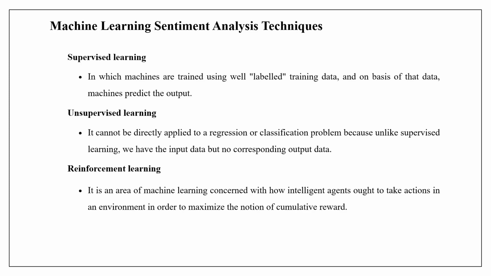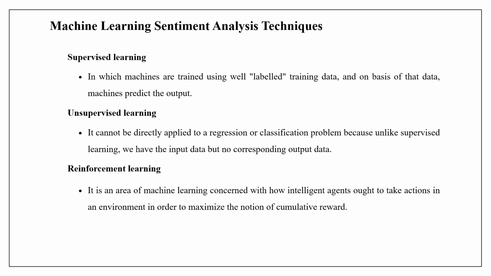By training machine learning tools with examples of emotion in text, machines automatically learn how to detect sentiment without human input. Machine learning sentiment analysis techniques: supervised learning, unsupervised learning, and reinforcement learning. Supervised learning, in which machines are trained using well-labeled training data, and on the basis of that data, the machine predicts the output.